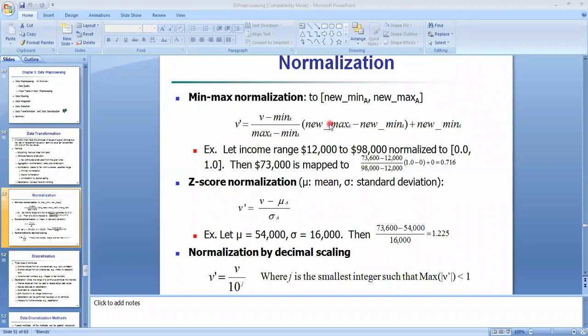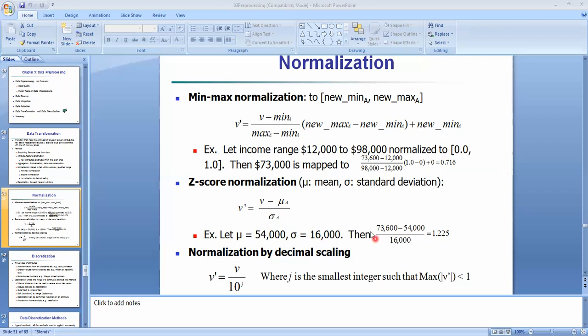The second normalization is z-score normalization, where the mean mu and standard deviation sigma are used. Z-score normalization: v dash equals (v minus mu A) divided by sigma A, where mu is the mean and sigma is the standard deviation. Let mu equal 54,000 and sigma equal 16,000.